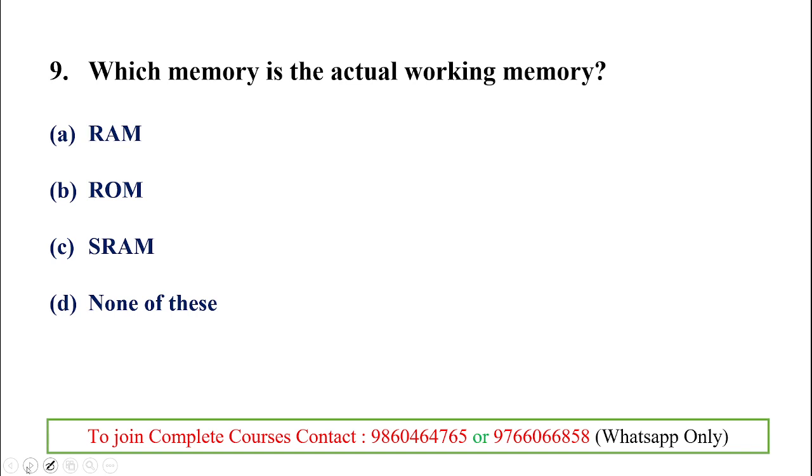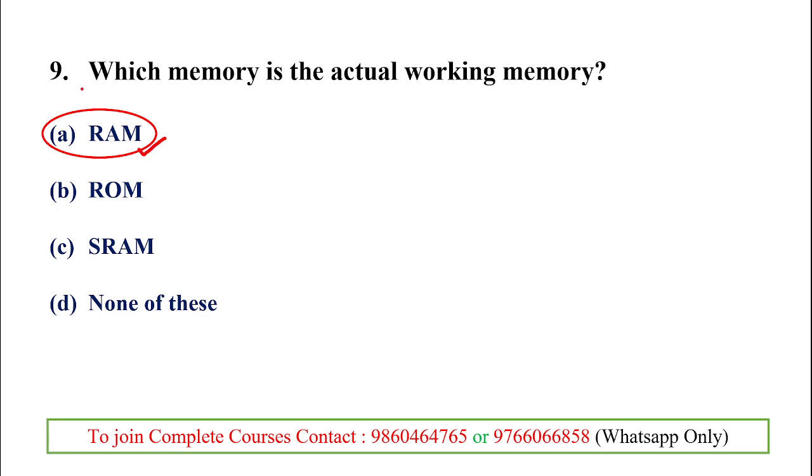Which memory is the actual working memory, the memory that is used in computers? In computers, you may or may not use secondary memory, but the actual memory is the complete storage in the device. So the actual working memory is the RAM, random access memory.